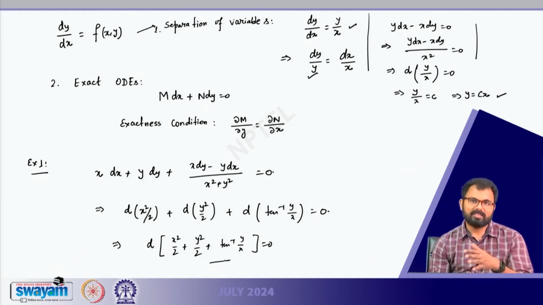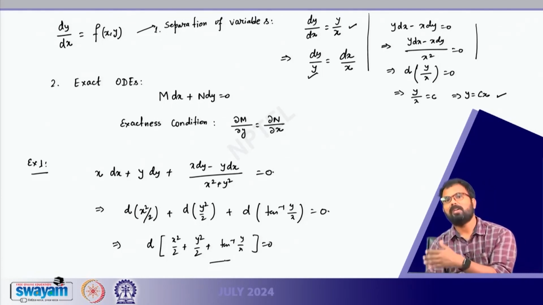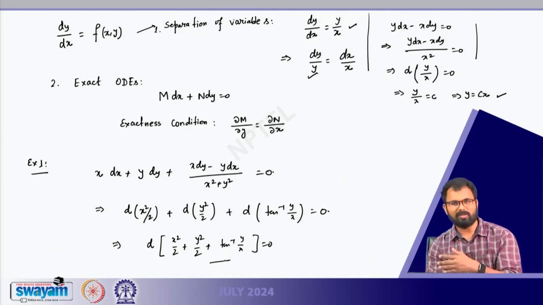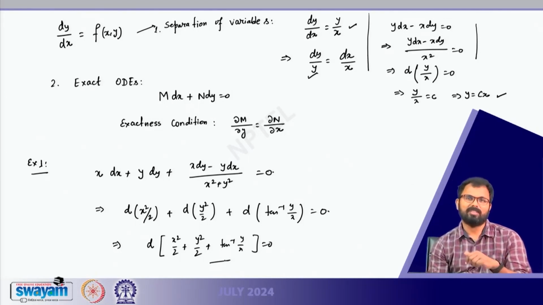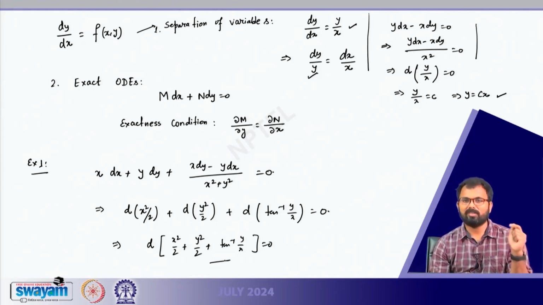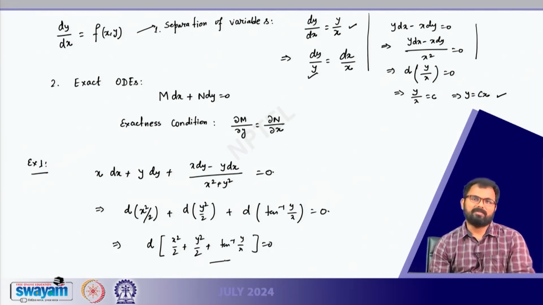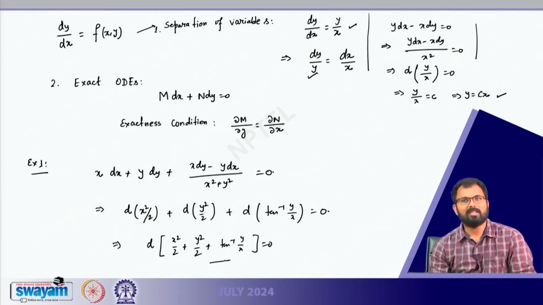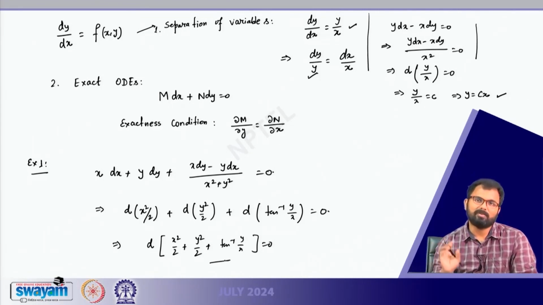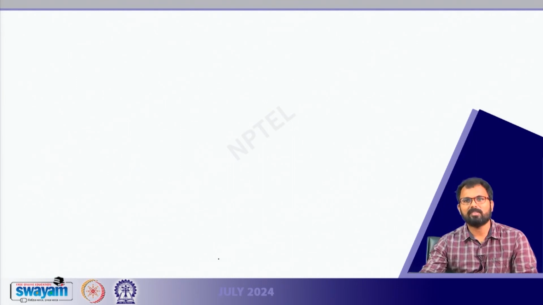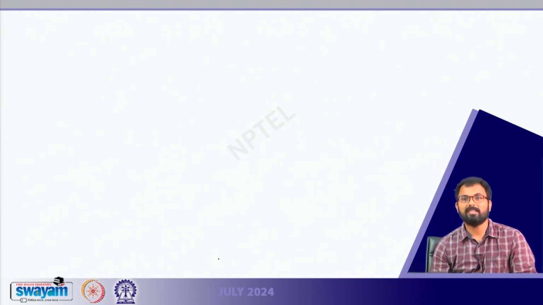Alright. So, if it is not exact, you can make it exact by multiplying with some factors. Now, if you look into your differential equations book, which you probably studied in your graduation, there you will learn about how to determine these multiplicative factors. So, I am not getting into them, but the idea is that you have to multiply with it. Alright. Then you also have studied something called integrating factors.